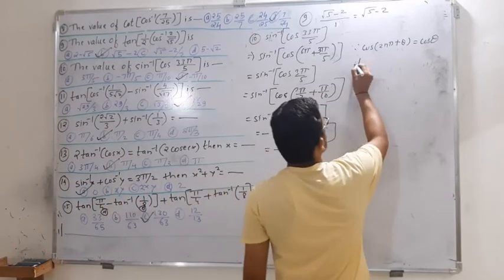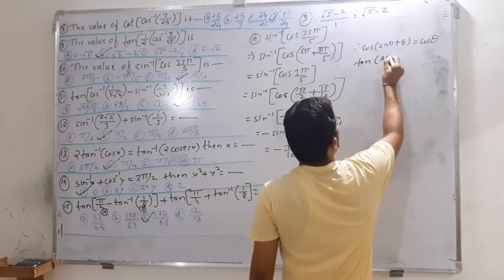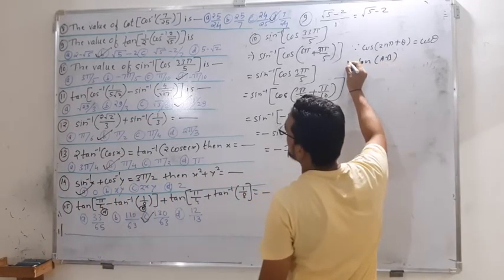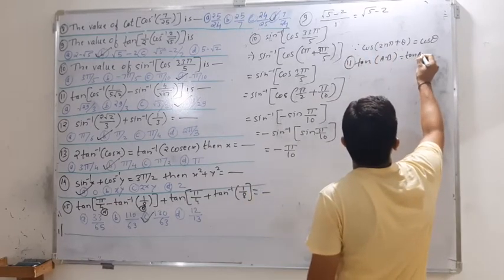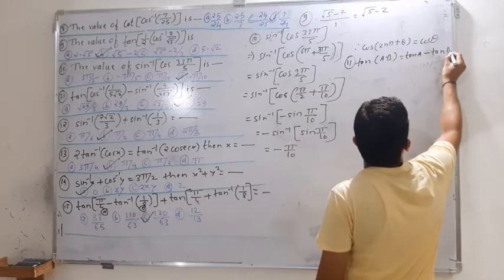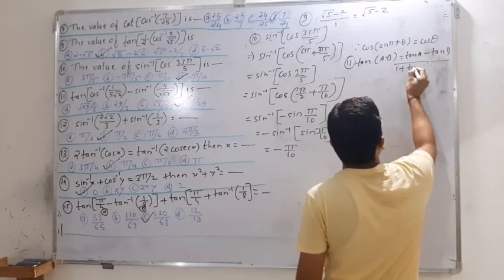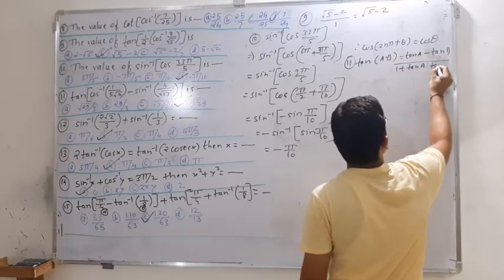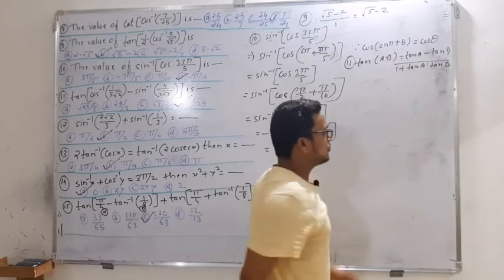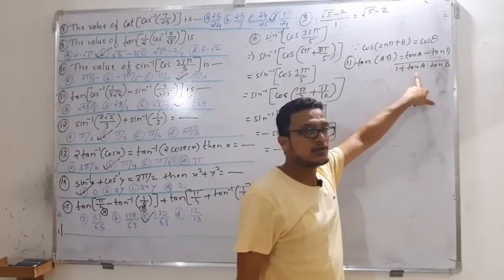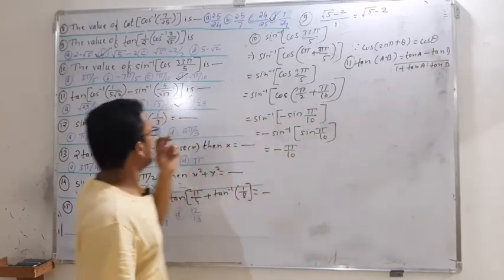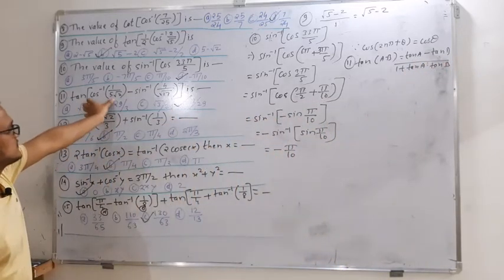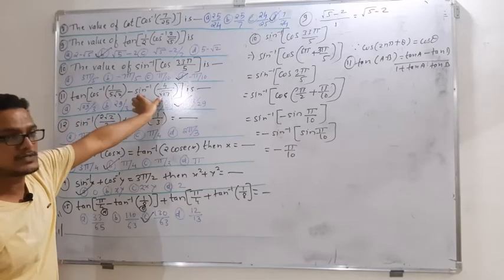That is tan A minus tan B divided by 1 plus tan A into tan B. To find the value of that, we want the values of tan A and tan B. Tan A we get from the first function, tan B from the second function.